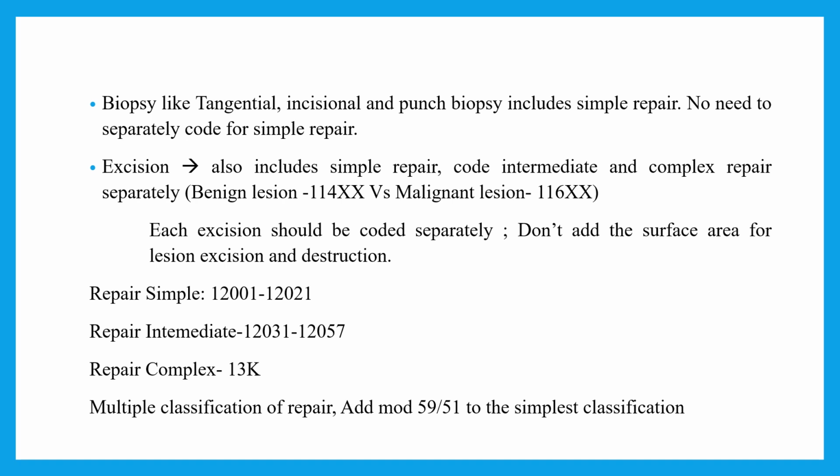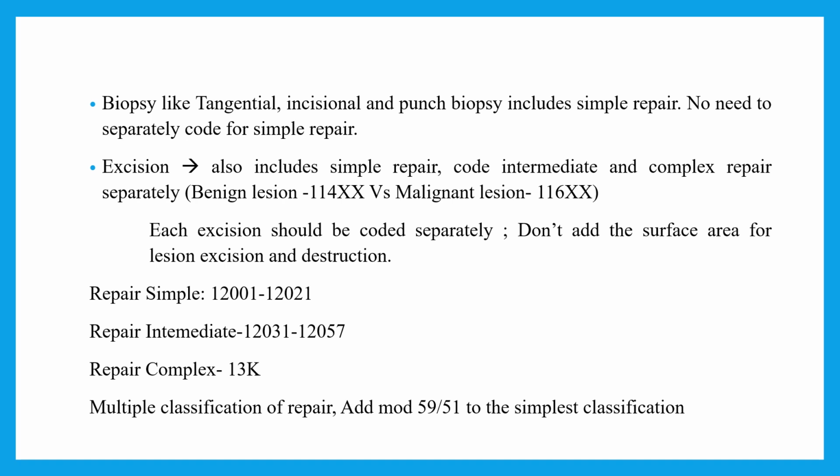If your question has the term benign, you should look for 114. If A and B start with 114 and C and D start with 116, you don't need to check the 116 codes. You can directly eliminate C and D and just compare A and B. So you should know benign lesion codes start with 114 and malignant start with 116.